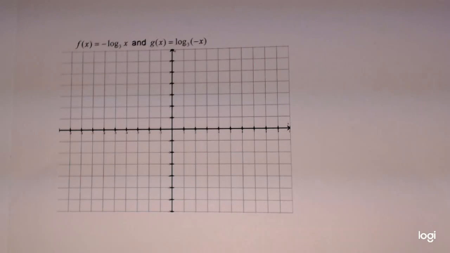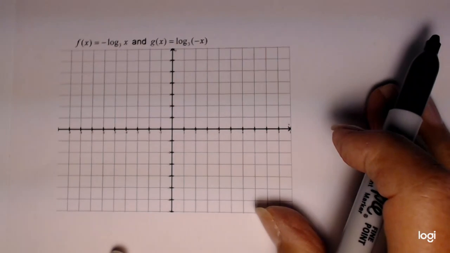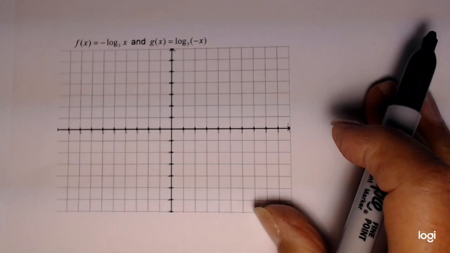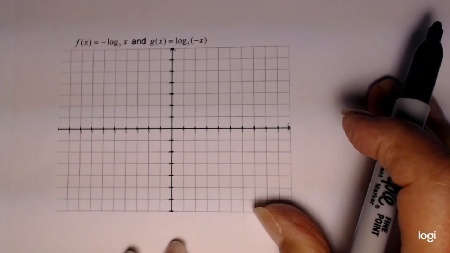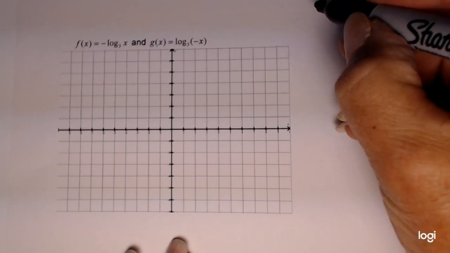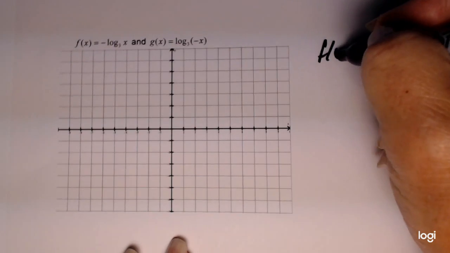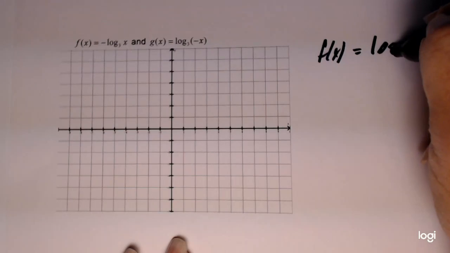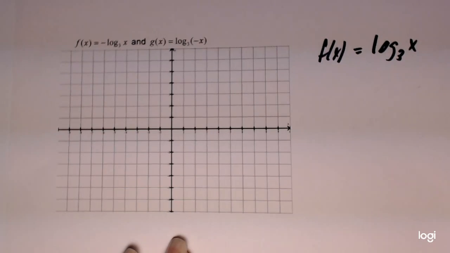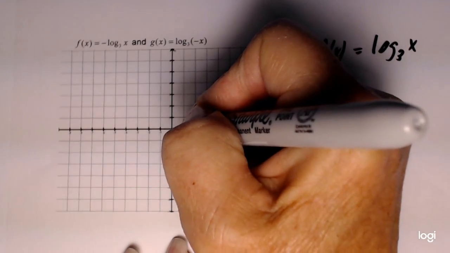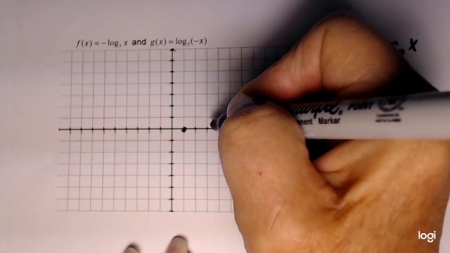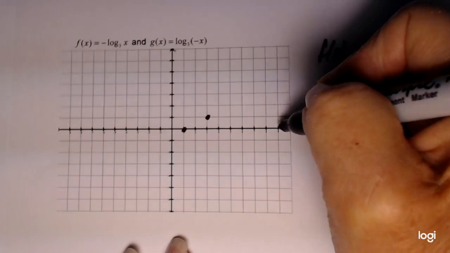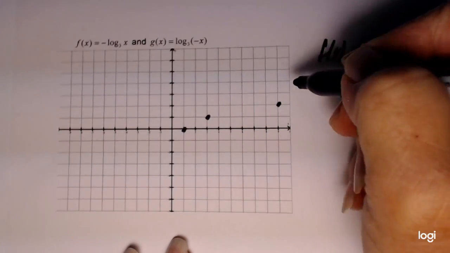Let's take a look at two more examples of using transformations to graph logarithmic functions. Again, we're going to have our basic function f of x equals log base 3 of x. We've graphed this before, so let's graph it again. We have the point (1, 0), the point (3, 1), and the point (9, 2).